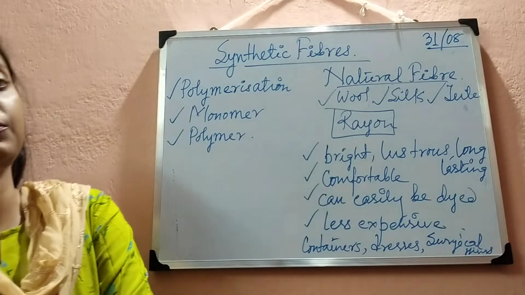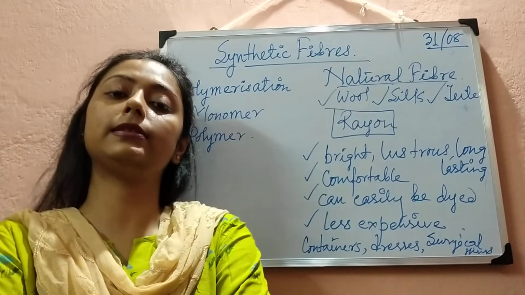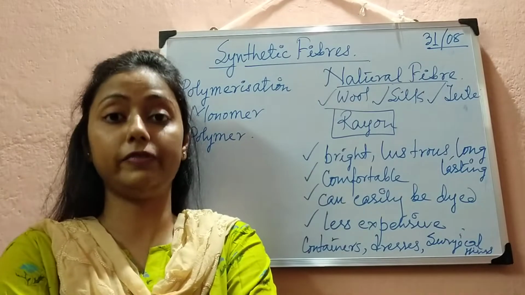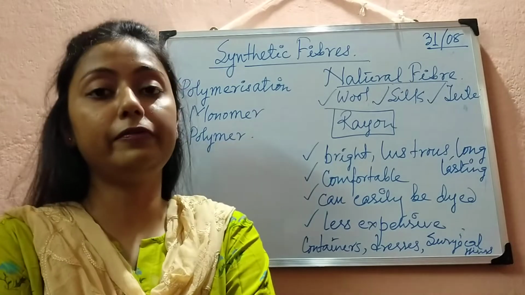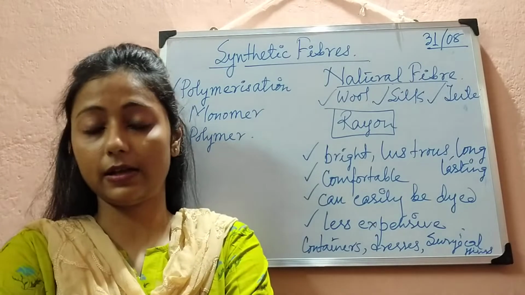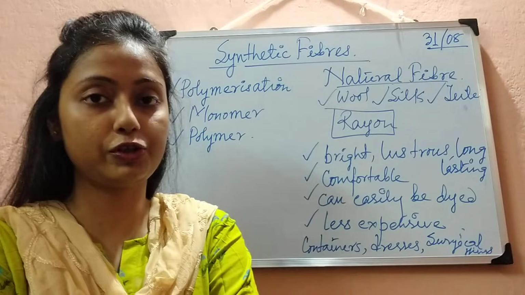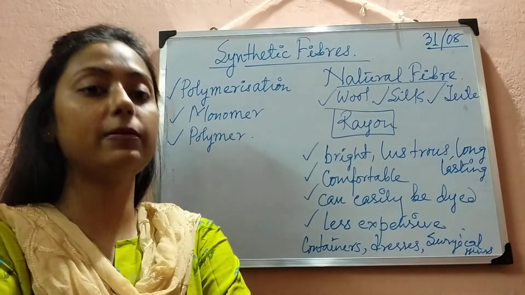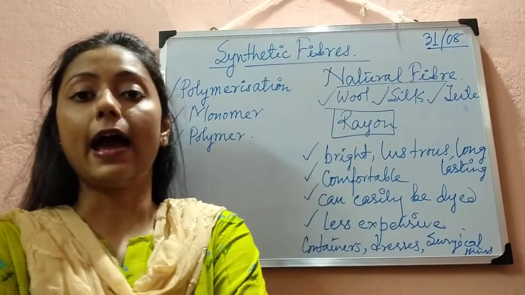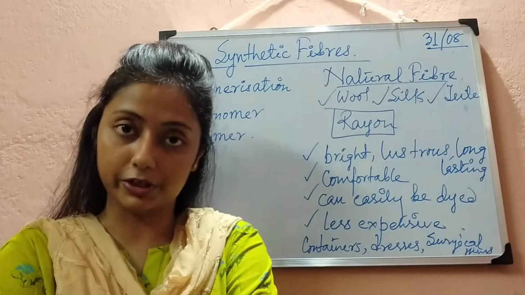The first concept is how a synthetic fiber is made artificially. Synthetic means something which is artificial or man-made and not natural. So the term synthetic fibers indicates a fiber that is not natural and truly artificial.